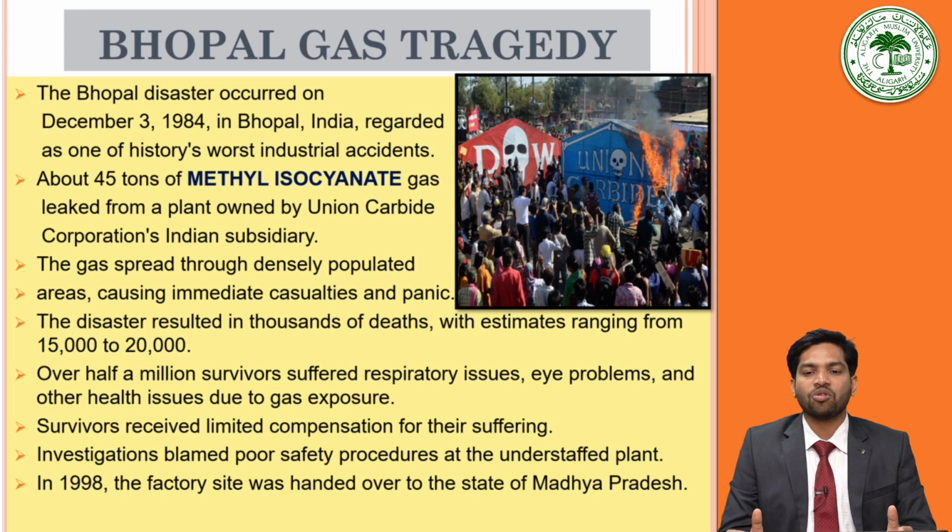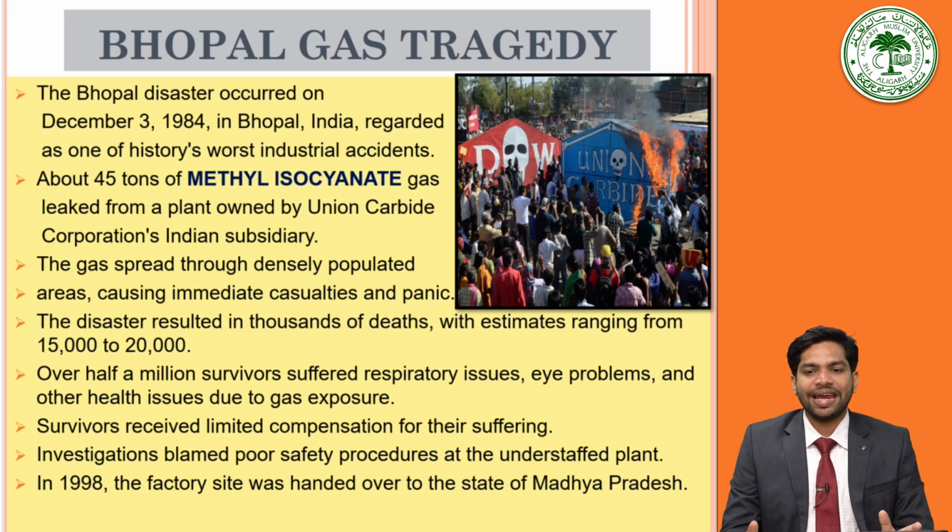Survivors, numbering around 500,000, suffered from respiratory issues, eye irritation, blindness, and other health problems due to exposure to the toxic gases. Compensation of a few hundred dollars was awarded to many survivors. Investigations revealed substandard operating and safety procedures at the understaffed plant as the primary cause of the disaster.